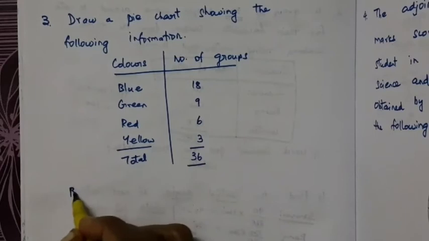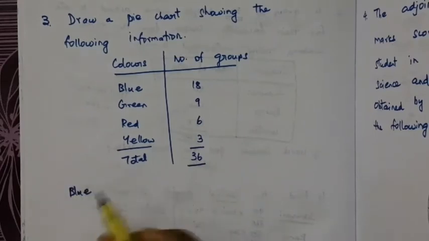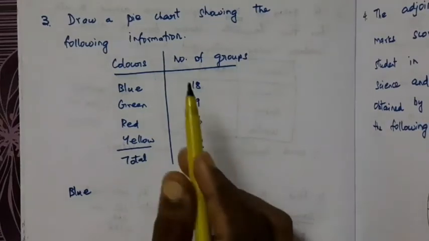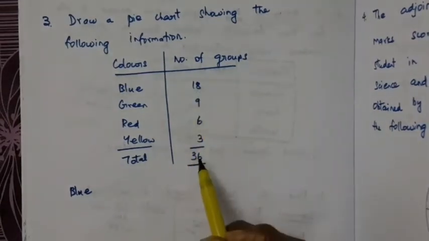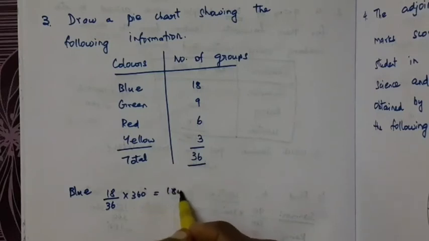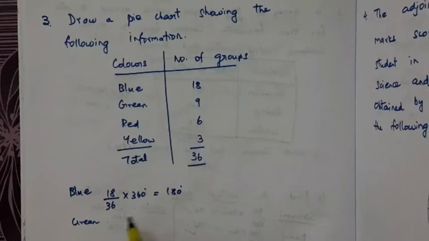First we will take the blue. Blue is 18. So number of groups here is 18, the total is 36. So 18 divided by 36 multiplied by 360, which is 180 degree. Next for green, which is 9 divided by 36 multiplied by 360 degree, that is 90 degree.